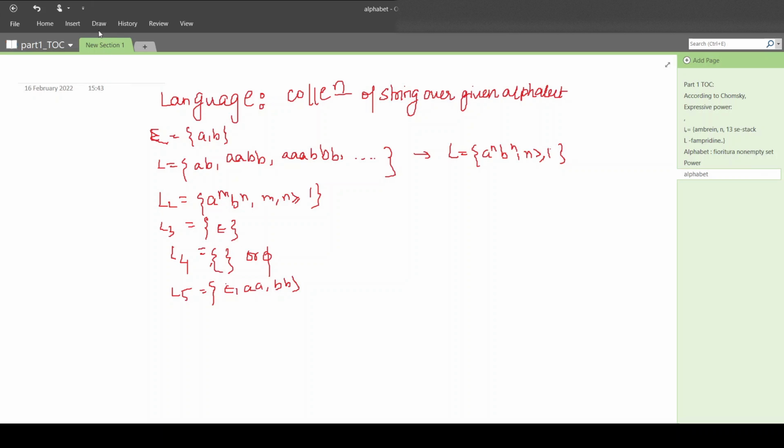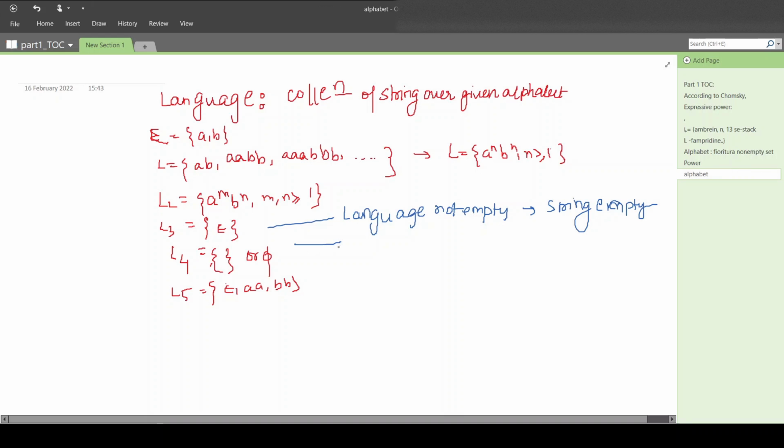So, what was I telling about this one? These two are different. L5 means the language is not empty, only the string is empty. It is a language. Only the string is empty. Over here, the language is also empty.